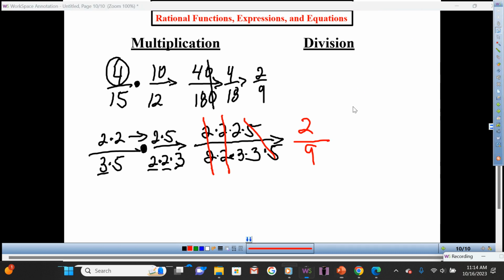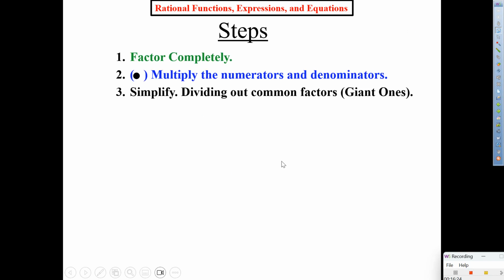But come on, this is too easy, right? How about we just crank it up with polynomials? Let's go! Polynomials. Steps, write the steps down really quick. So this is going to be your blueprint as to what to do for each step. This is the process that we're going to use. Now there's 2 more processes that we can use, but today we're going to use this specific one. And once again, why are we doing it like this?